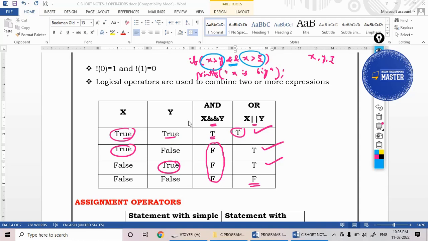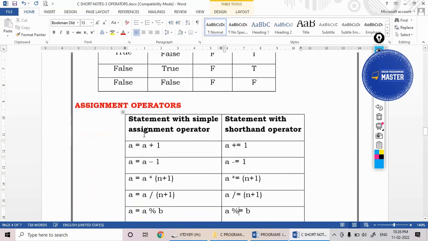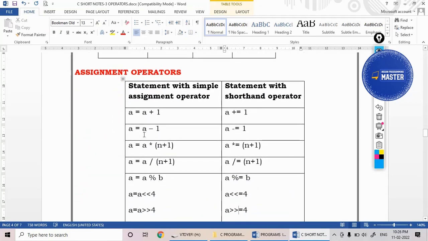Okay, fine. Now let's go to assignment operators. These assignment operators are also known as shorthand operators. The purpose is just that if you would like to write in a simple way, this is useful. If there is an expression a equal to a plus 1, this can be written as a plus equal to 1, meaning the variable on the left-hand side and immediately after the equal sign are the same, so it can be written the short way.